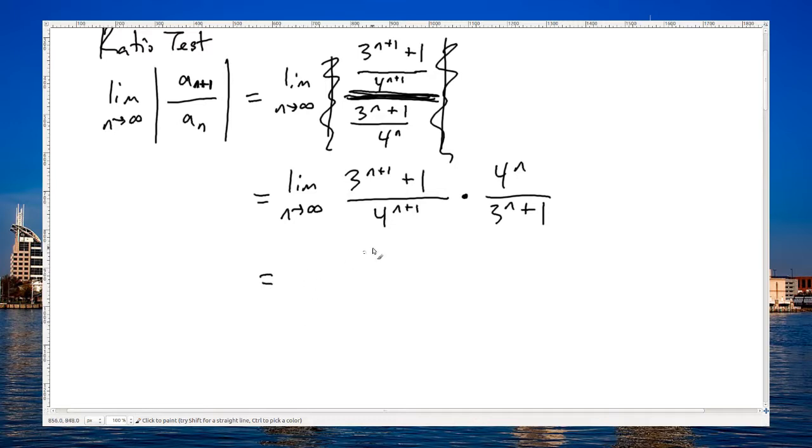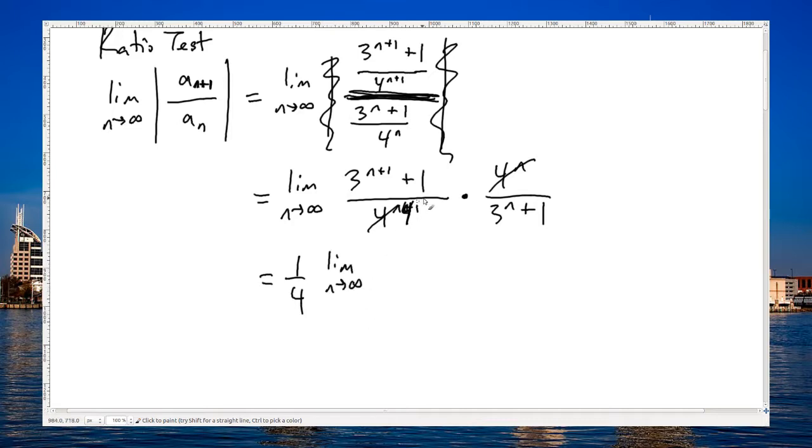Okay, so let's compute this. First things first, I can split up the bottom here. This is the same thing as 4^n times 4 to the 1 power, and I can cancel the 4^n's and then pull out that 4 to the 1, which is a 4 on the bottom.